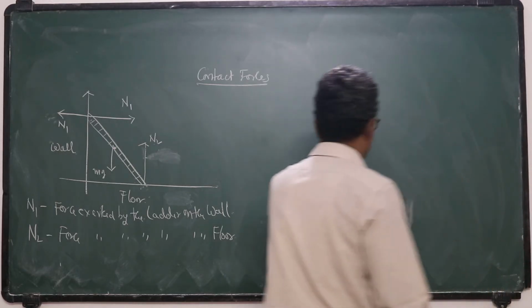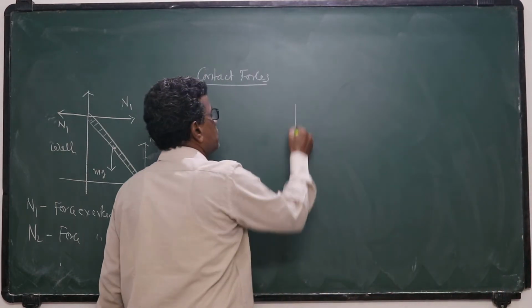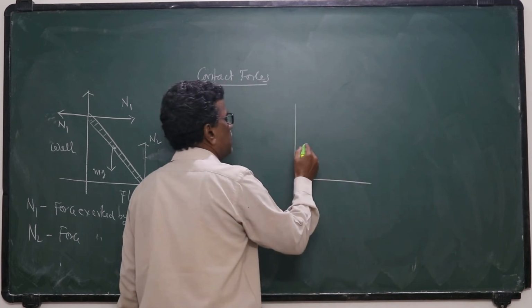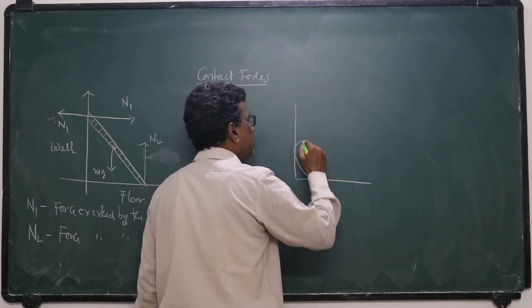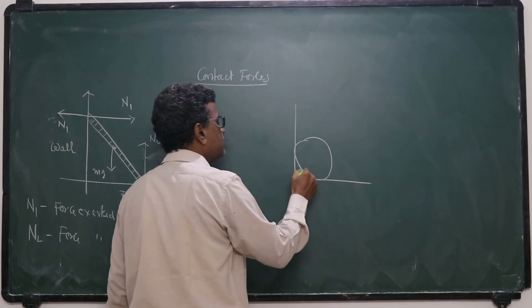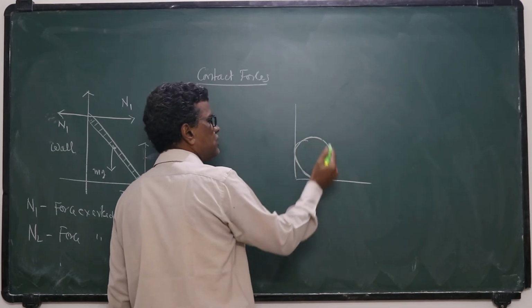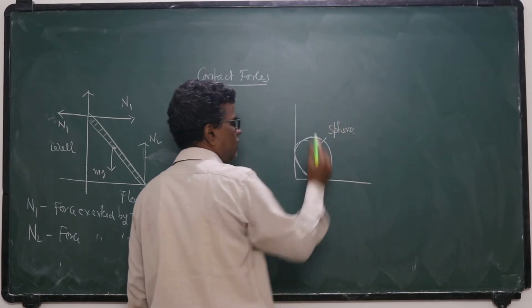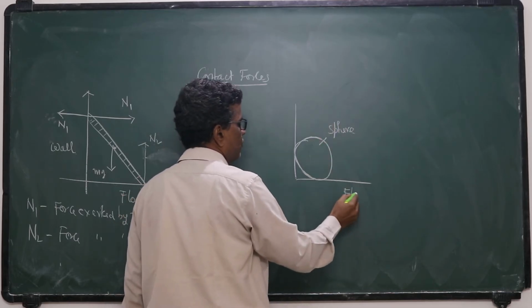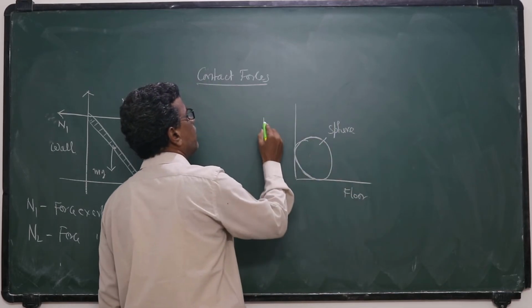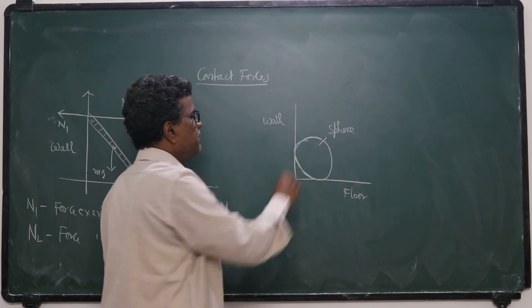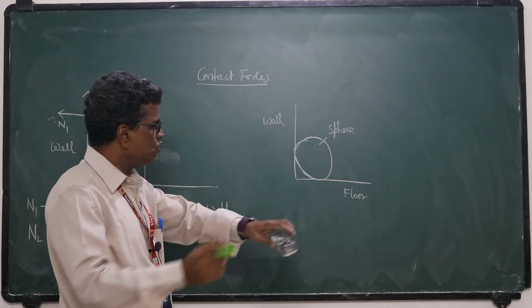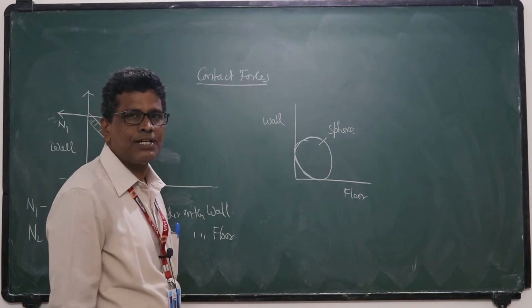Normal reaction. Suppose there is a sphere like this, just placed. This is the sphere, this is a floor, and this is a wall. The sphere just touches the wall.